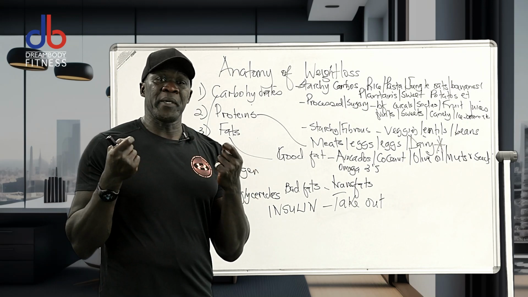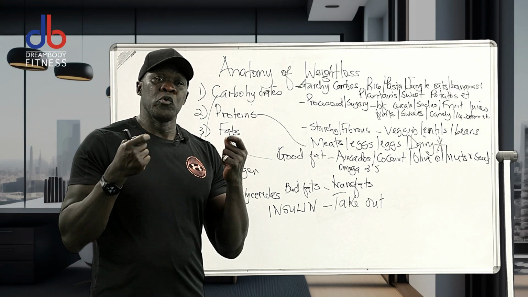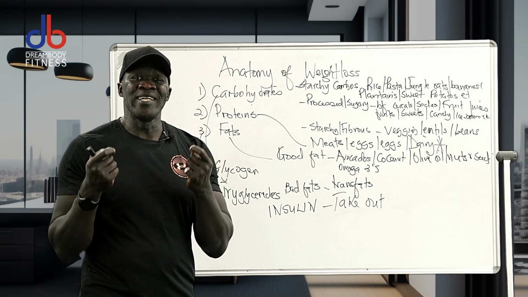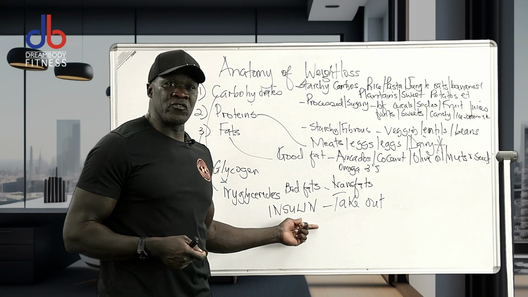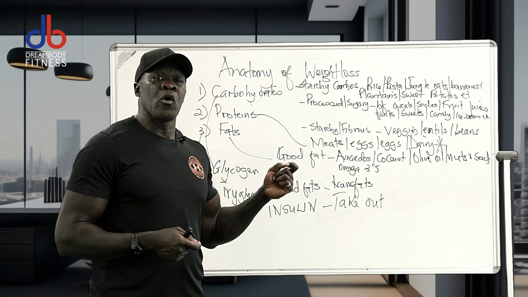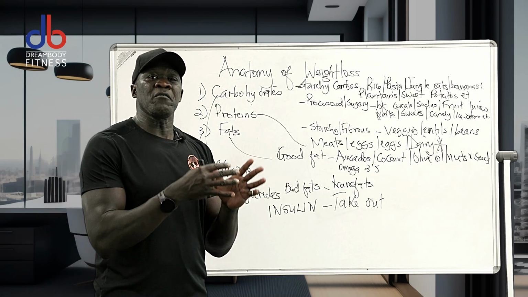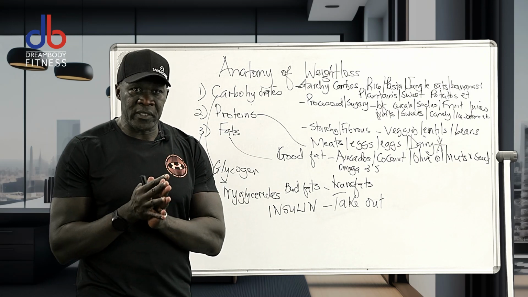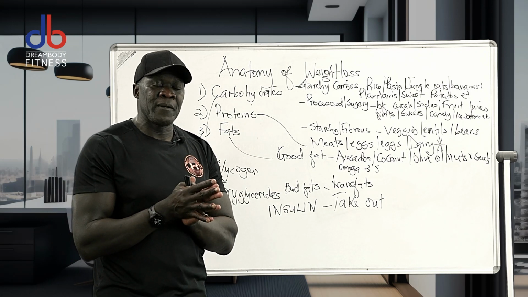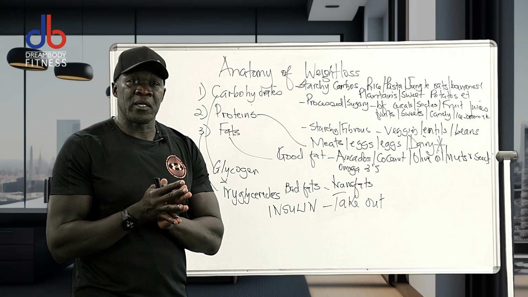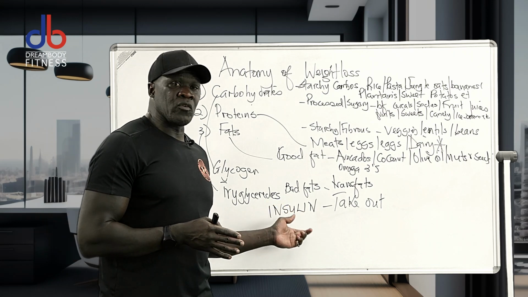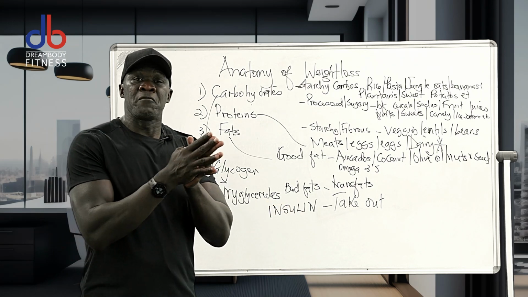So you cannot be healthy, you cannot lose weight, you cannot be lean unless you understand insulin and its relationship with the carbohydrates that you eat. One of the key things that most people don't understand that is keeping them fat and unhealthy is insulin. Insulin simply means fat storing.